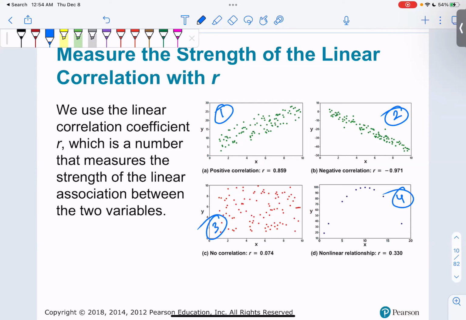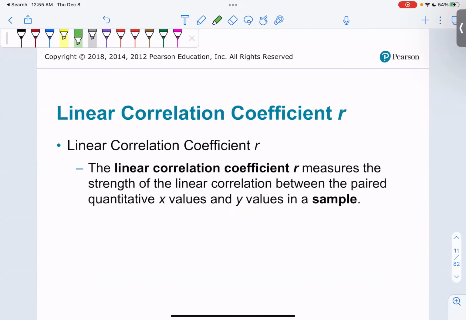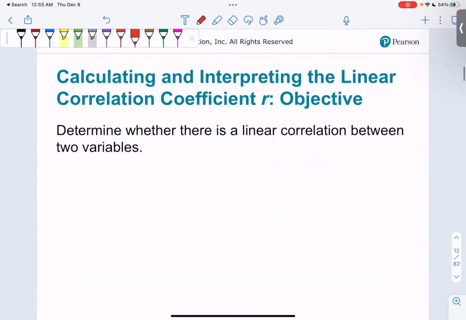So if we get maybe the first and the second case, then we go and try to find the correlation coefficient R. The linear correlation coefficient R we use to find the linear relationship between two variables in a sample. So R, and we say rho for a population. So rho is to study the relationship in the population.